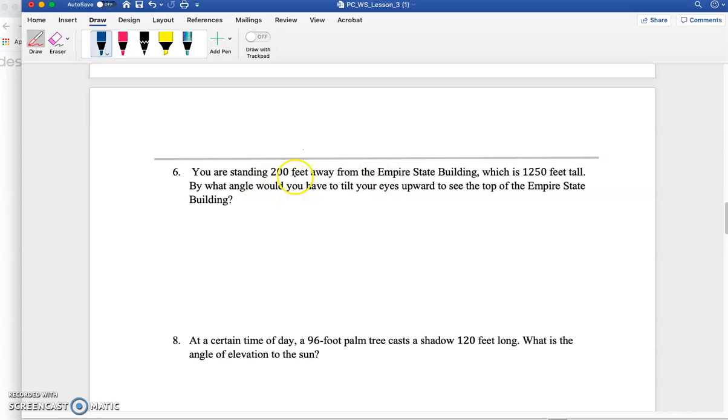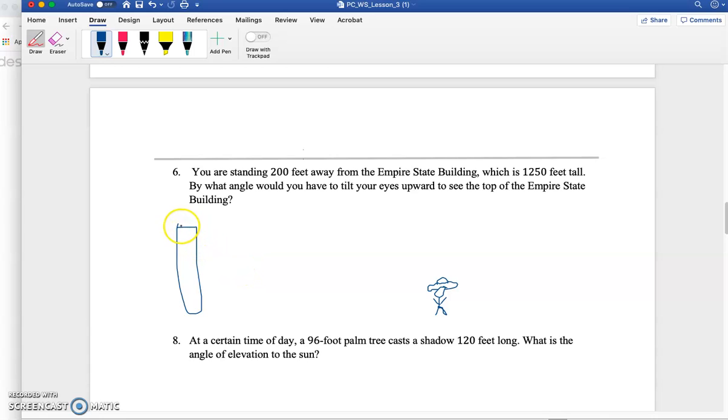So you're standing 20 feet away from the Empire State Building, which is this tall. By what angle do you have to tilt your eyes so you can see the top of the Empire State Building? So we have a building, and we have you over here. Let's give you a little hat. It's a big hat, right? Beautiful hat.